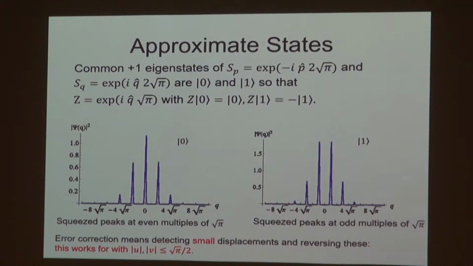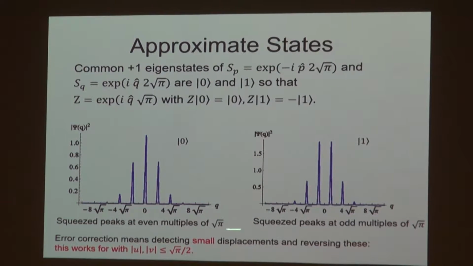That's a big shift in my formalism. If it shifts by less than half, I can correct it, because it's clear where it's from, and I can undo this type of error, at least if I do the right measurement that detects that, which is non-trivial. But this type of code, this type of state, is meant to detect and correct small displacements.